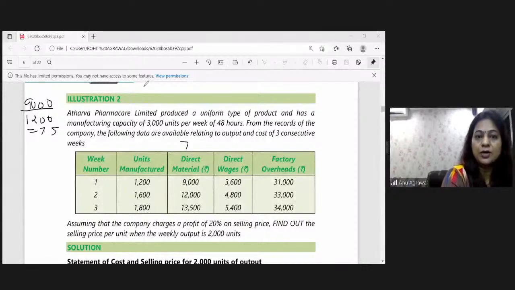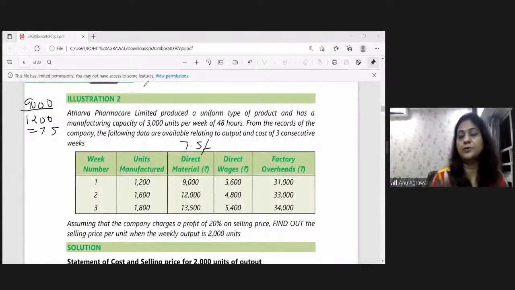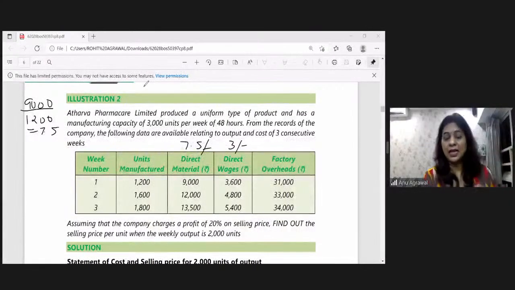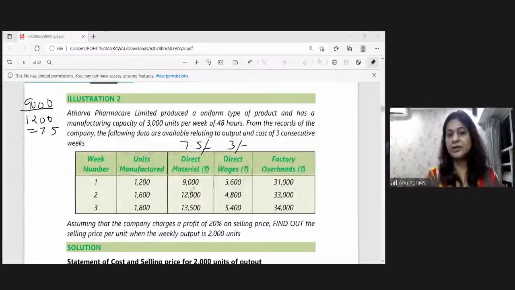So the material cost is 7.5 per unit. Similarly, labor cost is 3,600 divided by 1,200, which is 3 per unit. If you check it out, 7.5 into 1,600 will give you 12,000, and 1,800 into 7.5 will give you 13,500. So both these expenditures are variable.